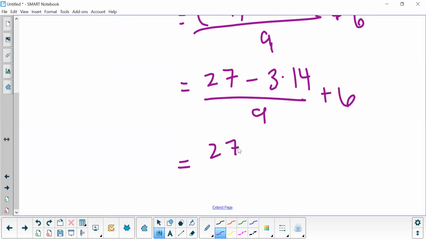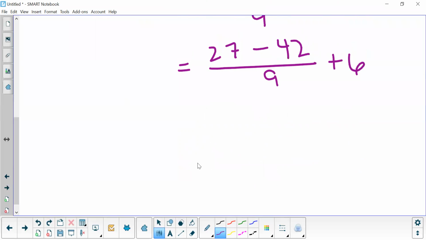It would be the -3 times 14 that you do first. And that's -42. We're almost there. So now I have 27 minus 42, which is -15 over 9 plus 6.